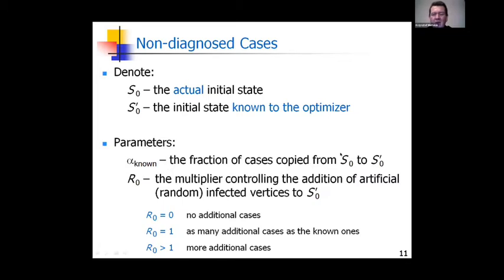They are copied from the actual initial state to the other one. And we have this R0 parameter which controls how many random cases are added. Of course, if it is 0, there are no additional cases, and if it is larger than 0, a corresponding fraction of additional cases is added to this initial state from which we start the optimization.